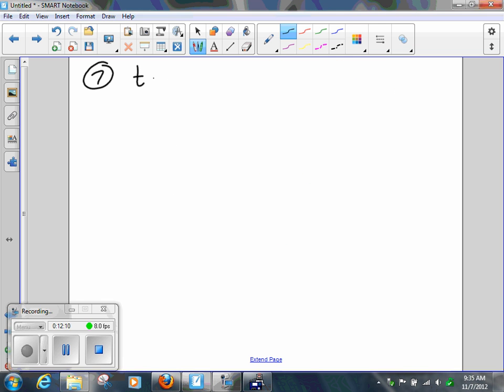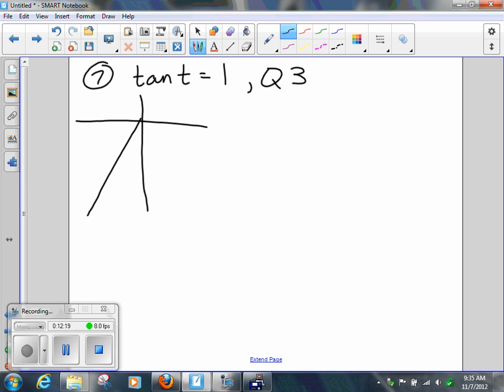You're told that tangent of t is 1, and it's in Q3, right? All right, so my angle's in the third quadrant. I draw my triangle. T. All-star trig class. Okay?